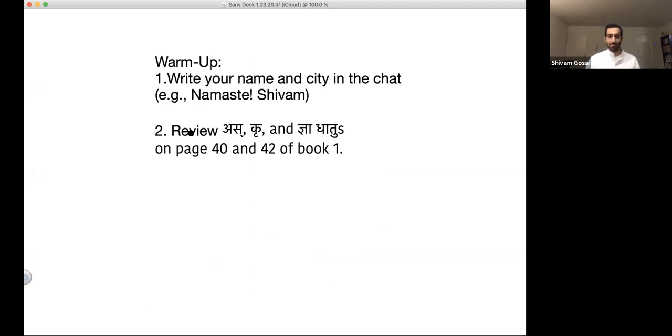So I said review as dhatu and kru dhatu on page 40 and 42 of book 1. If you look at book 1, page 40, you can see as dhatu and kru dhatu. The main ones we want to know are the corners, right? The pratama purusha ekavachanam, pratama purusha bahuvachanam, and then uttama purusha ekavachanam and uttama purusha bahuvachanam.